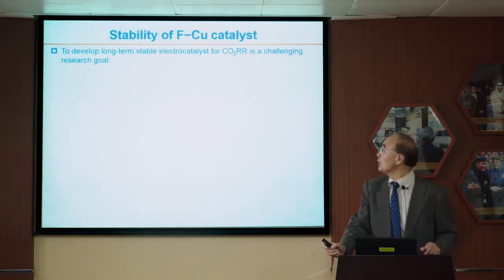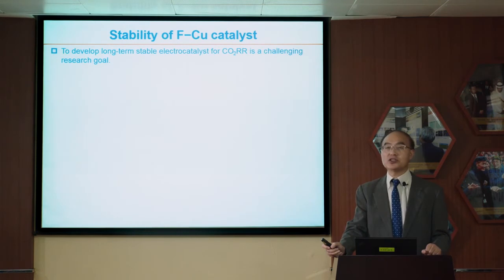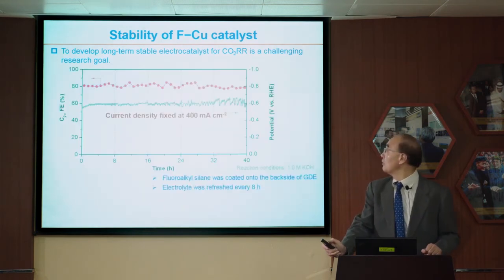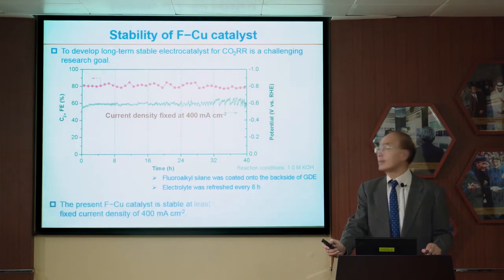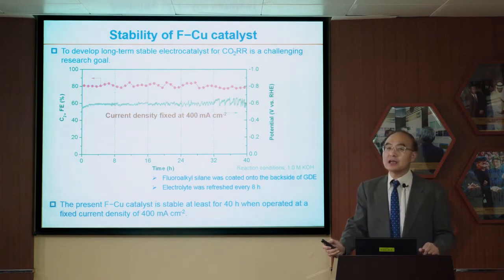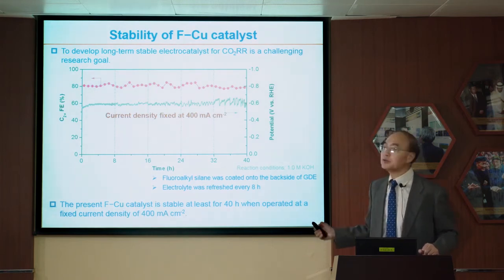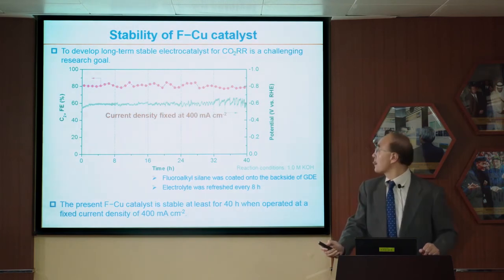So to develop long-term stable electrocatalyst for CO2 reduction reaction is a challenging research goal. Our fluoride modified copper catalyst is stable at least for 40 hours when operated at a current density of 400 milliampere per square centimeter.